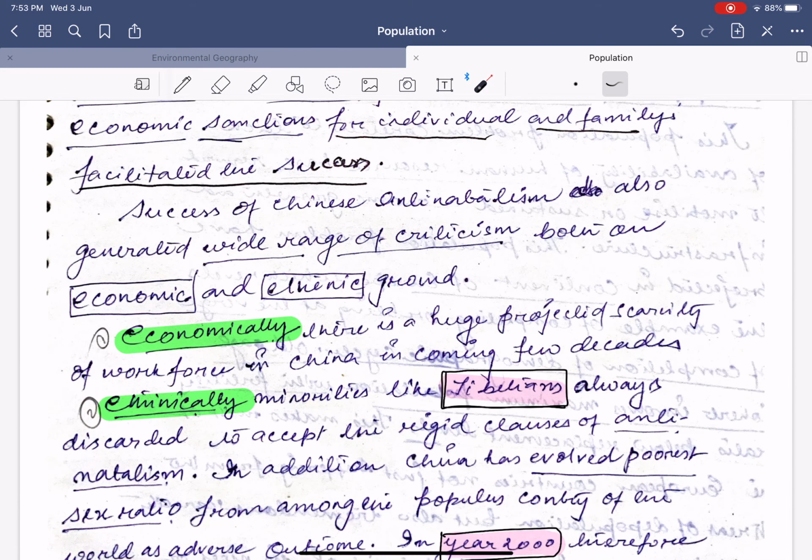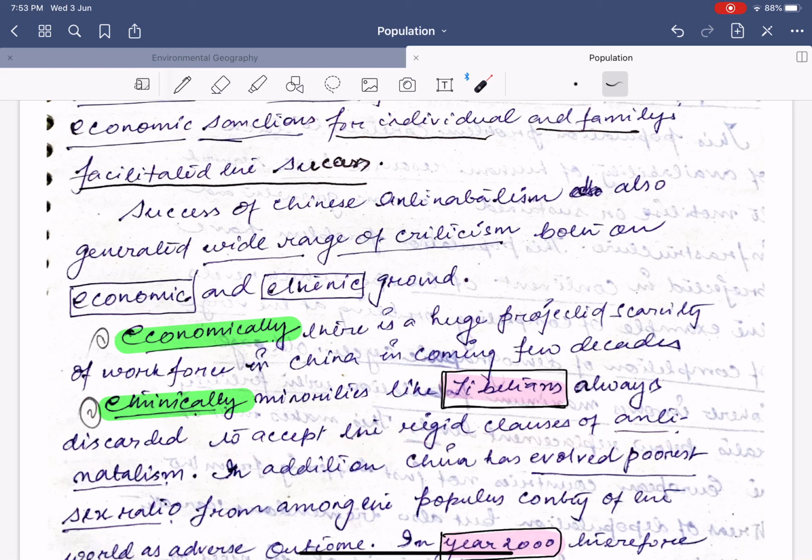Now, what actually happened? The success of this Chinese antinatalism also generated a wide range of criticism, on both economic and ethnic grounds. Economically, there is a huge projected scarcity of the workforce in China. You can simply write that economically, China is suffering a scarcity of the workforce. Ethnically, minorities such as the Tibetans always refused to accept this rigid clause.